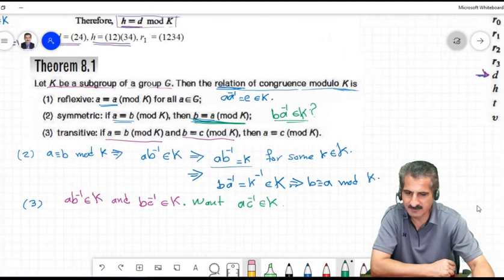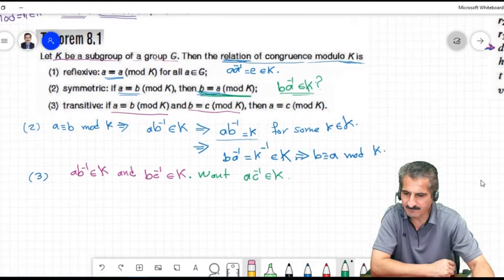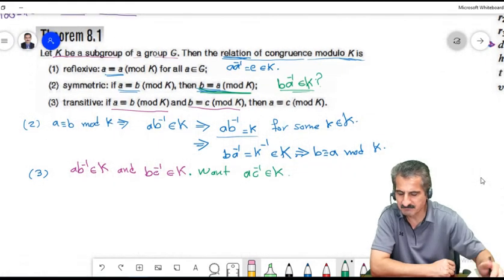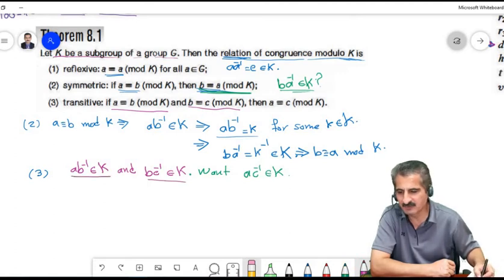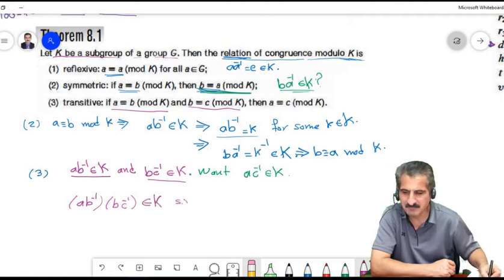So easy and quick. Notice this belongs to K and this belongs to K, two elements, so multiply them. Multiplying these two elements, both of them are from K, so the product must belong to K, right?